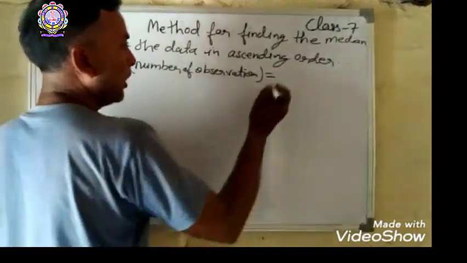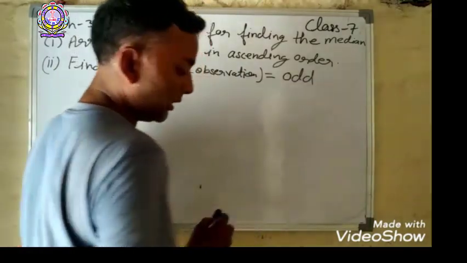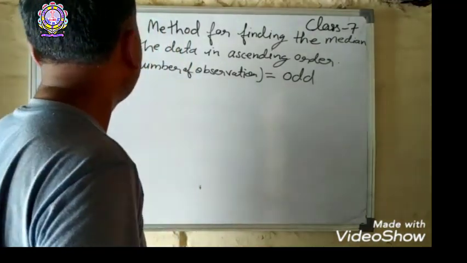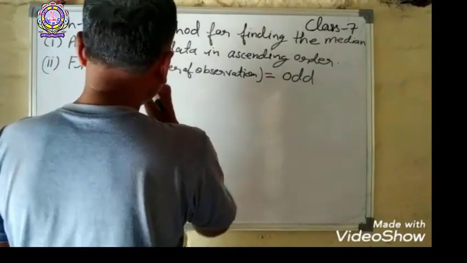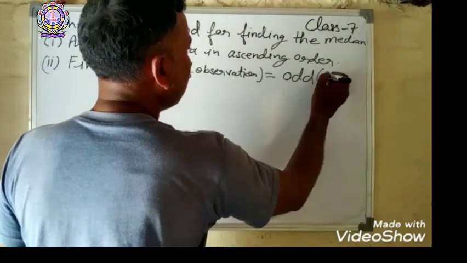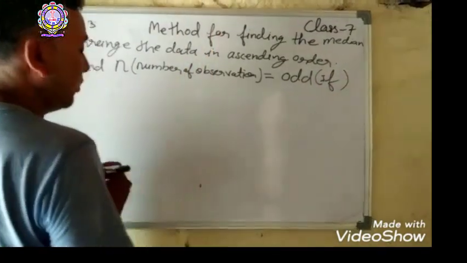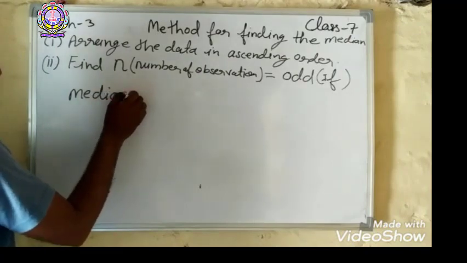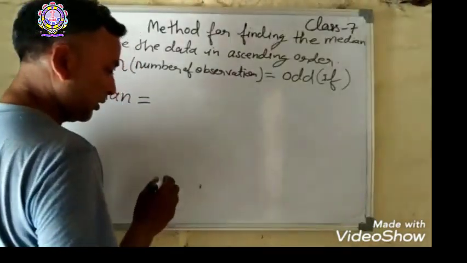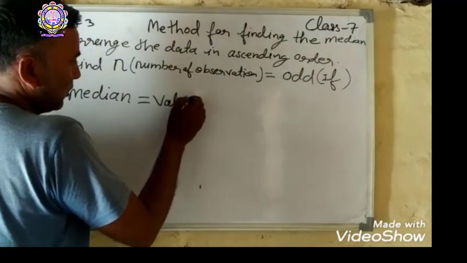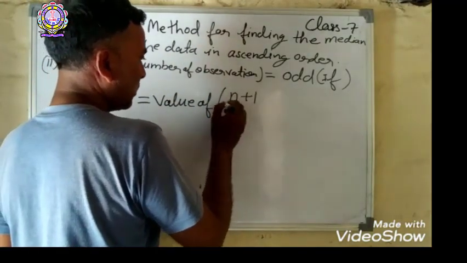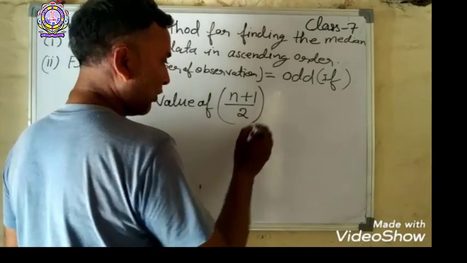Find n. If it is odd, then the formula is median is equal to the value of the (n plus 1) upon 2 nth observation.